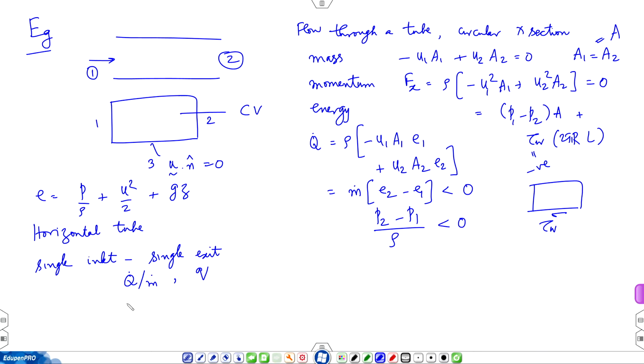Similarly, the shaft work per unit mass flow rate is given a symbol small w s, and these will have units of E, which is meter per second whole square. And what are the units of capital Q? Those would be in watts.